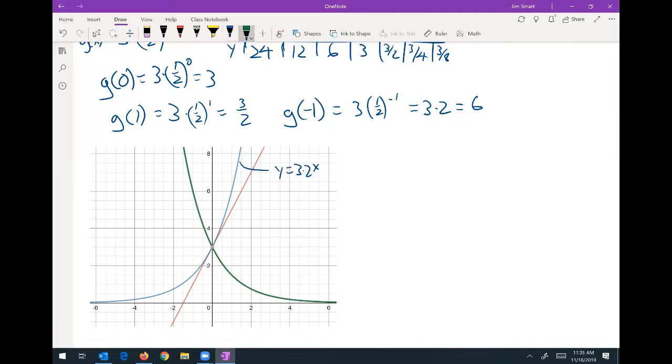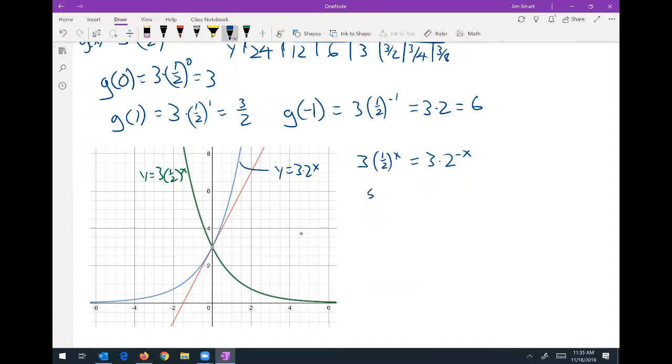The green, though, is y equals 3 times 1/2 to the x. But remember, 1/2 to the x would be 2 to the -x. So that's why this is just a reflection across the y-axis. Let's write that over here. 3 times 1/2 to the x is the same thing as 3 times 2 to the -x, because it's the reciprocal.